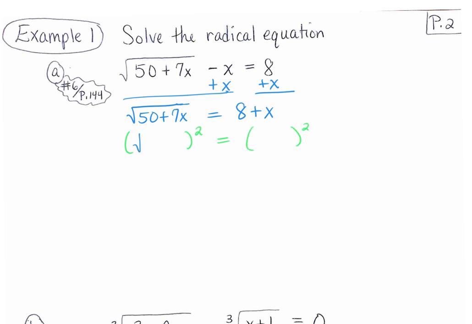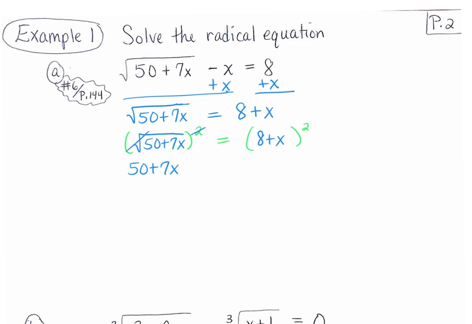So this is the square root of 50 plus 7x, quantity squared, equals the quantity 8 plus x, squared. On the left side, that square root and the square cancel, leaving us with 50 plus 7x.